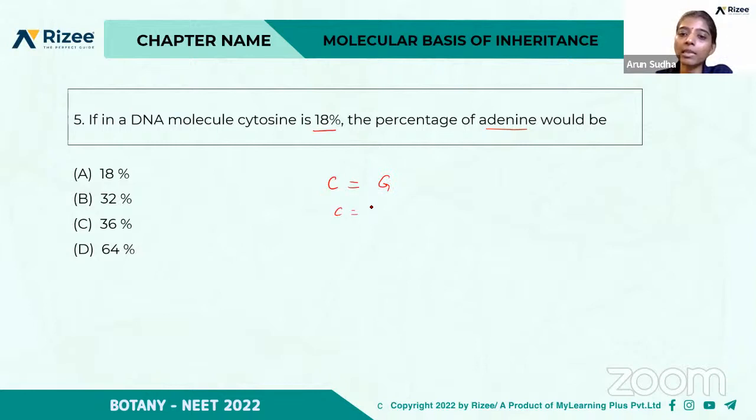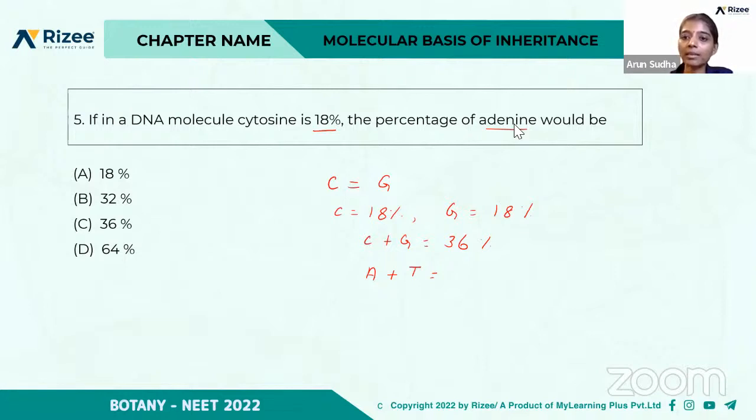So cytosine is 18%, then guanine will be 18%, right? If you add these two, what is the value of C plus G? It will be 36, right? Then what will be the percentage of A plus T? The remaining will be A plus T, right? So what will be the answer?